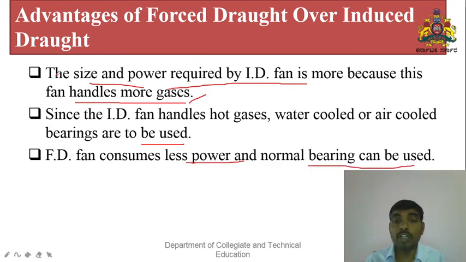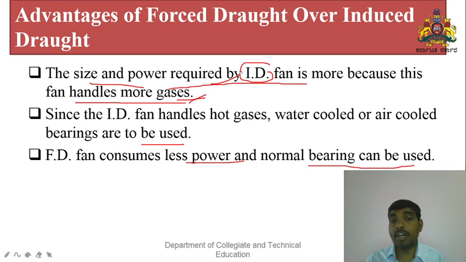So here you can compare these two fans, and in that, which one is more advantageous, you can give importance to. The size and the power required by the ID fan is more because it has to suck the air from the furnace, so the ID fan size will be more.